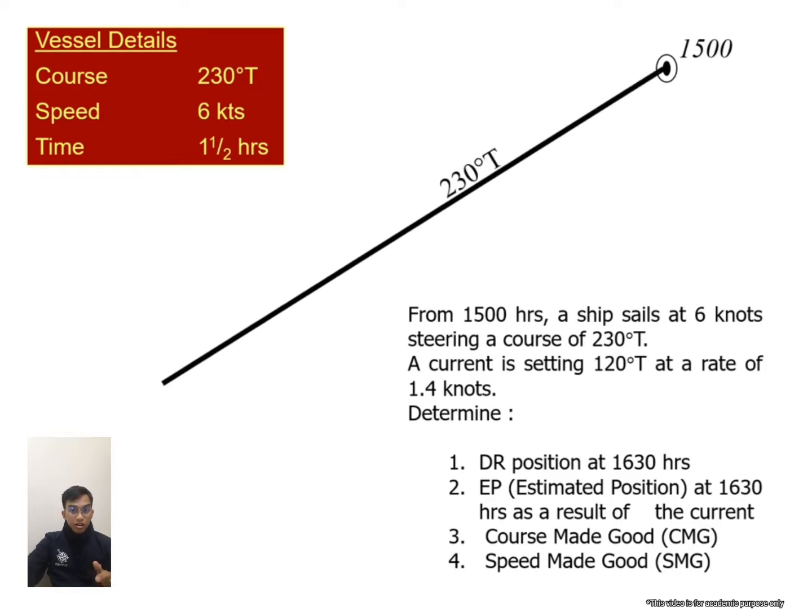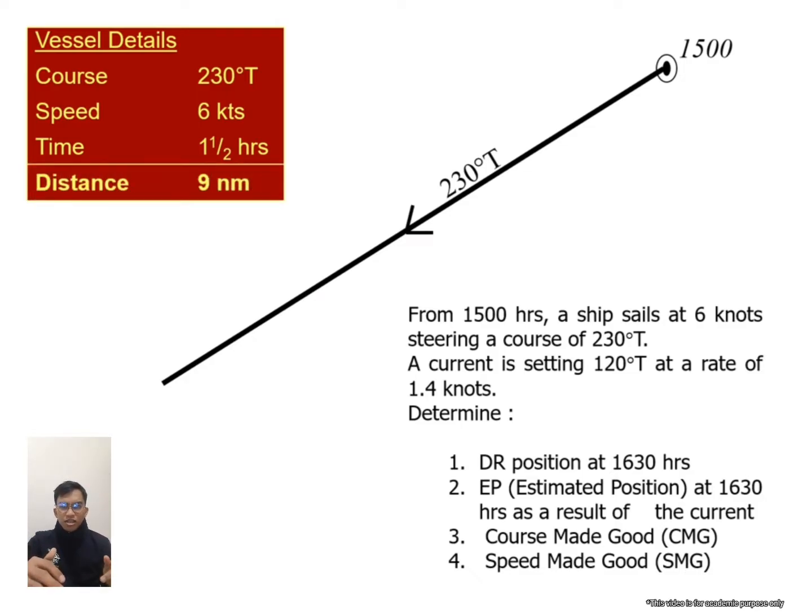From 1500 hours, let's sail the ship at about 6 knots on a course of 230 degrees. In 1.5 hours, the vessel should have done about 9 miles. So you will draw a line at a bearing of 230 degrees for a distance of 9 nautical miles.